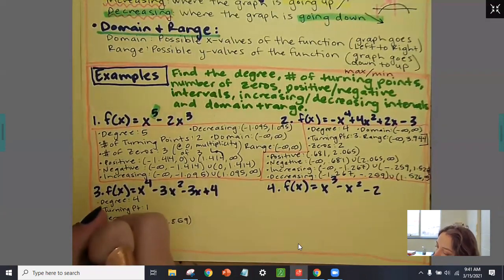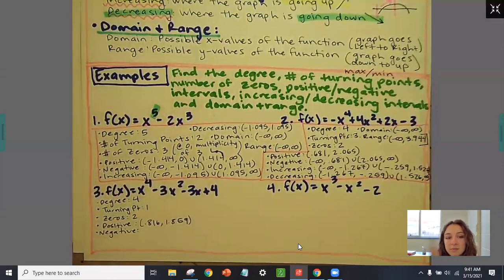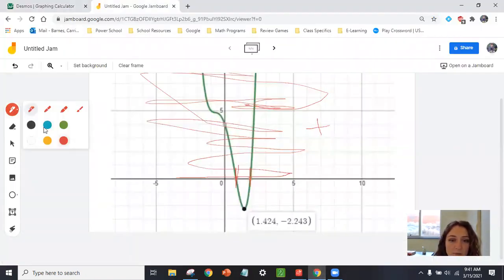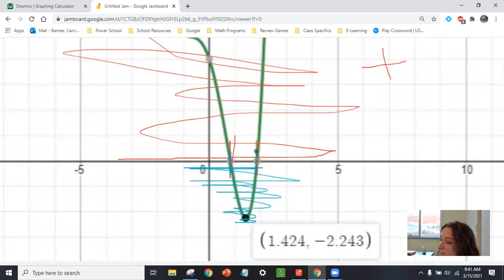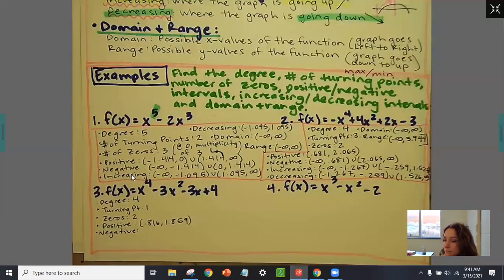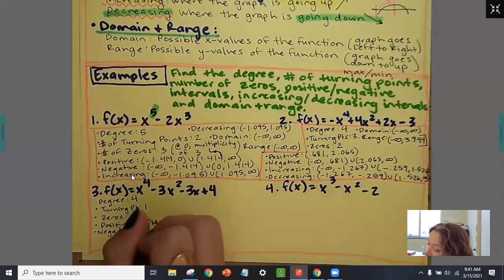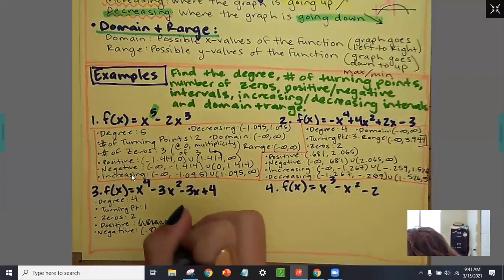Okay, so let's go look at our negative now. All right, and this is going to be where it's below the x-axis. So if I'm looking at this Jamboard, where it's below is down here. Okay, and that's still happening between the same 2 points. And I do apologize, I actually did this incorrectly. This was supposed to be, it's negative between those 2 points, so 0.816 to 1.859.